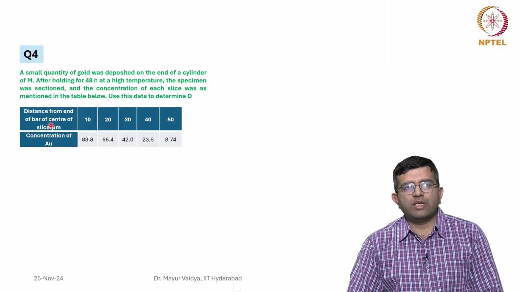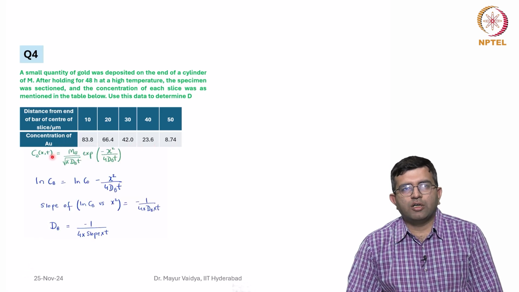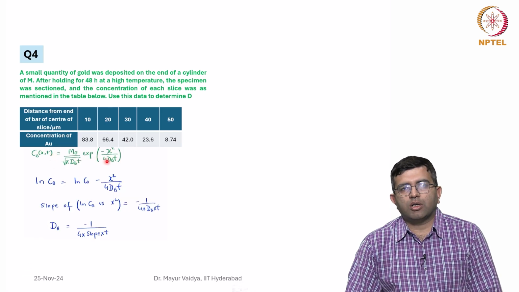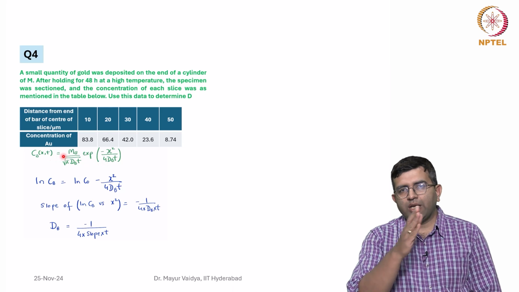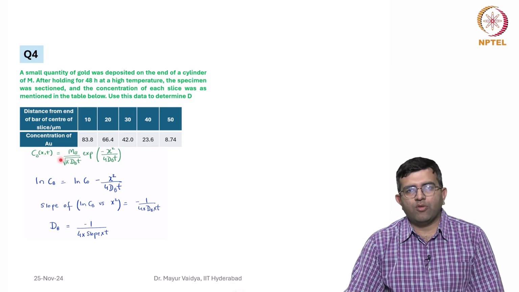What is given is the distance from the end of the bar, here in microns, and the concentration is given here. Basically, it is a thin film condition with diffusion happening in only one direction. So the solution can be written as Cb of x comma t is equal to Mb by root pi Db t, times exponential of minus x square by 4 Db t.